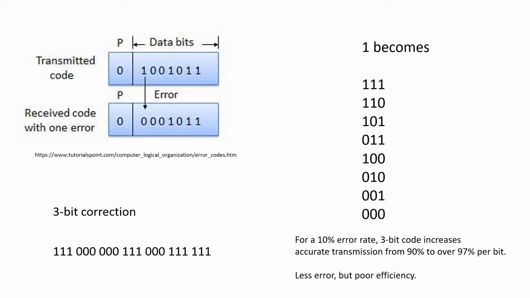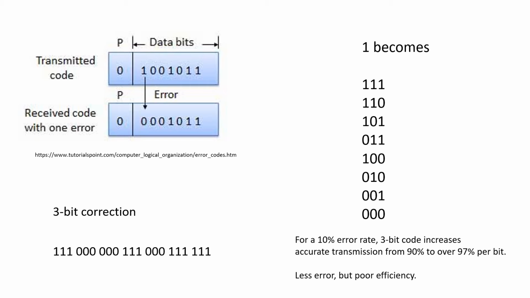Well, remember, chances are, if I want to send 111, you will get 111. How likely is it to get 100 instead? Well, it's 0.9, 90% chance that the first one will be transmitted correctly, and then a 0.1 that the second one would become a 0, then a 0.1 that the third one would become a 0, and that works out to 0.009.